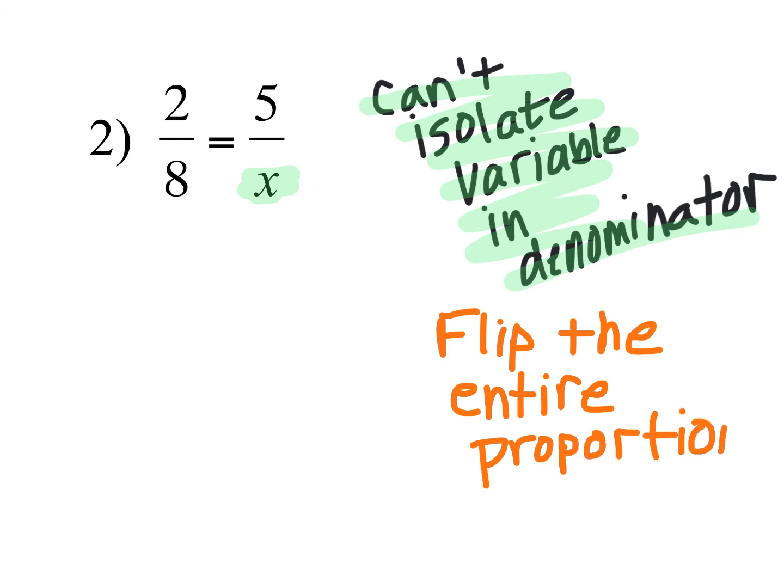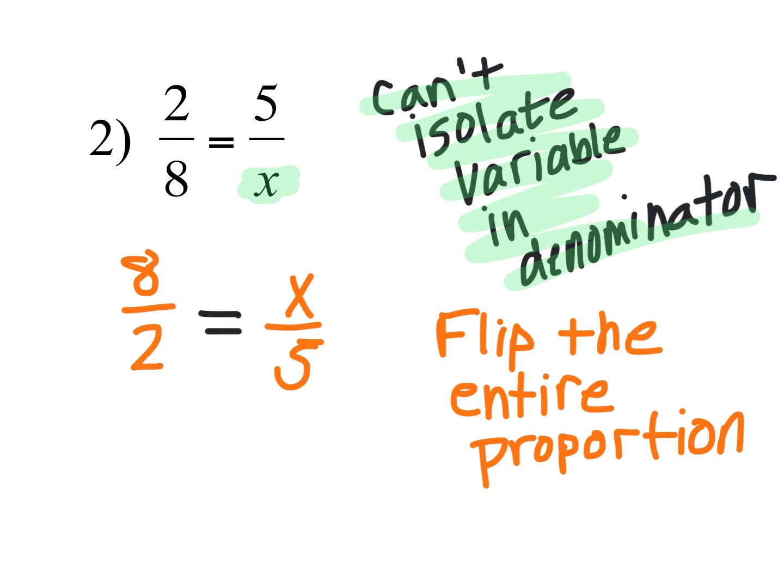So what I mean by that is instead of 5 over x, you're now going to make this x over 5. And then instead of 2 over 8, you're now going to make it 8 over 2.